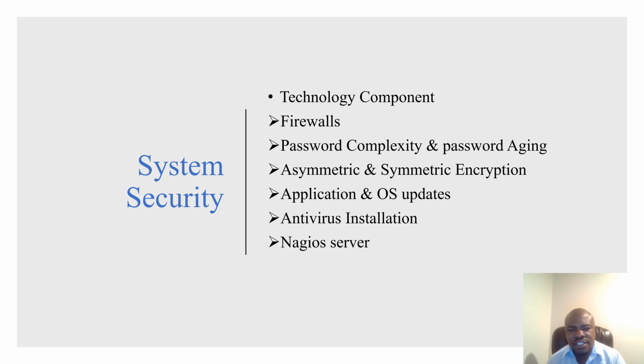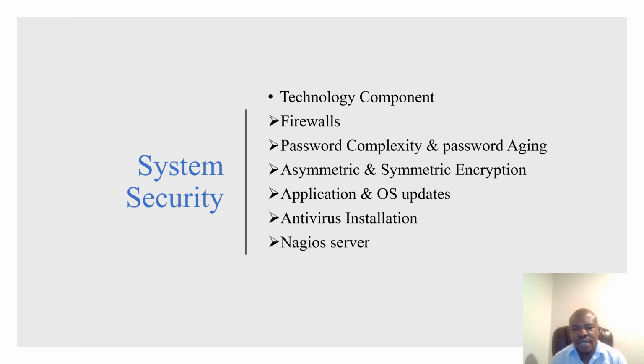To begin with the technology component, we'll have firewalls which will be configured in routers and the server, and then password complexity and password aging will be configured for the staff working at the headquarters so that they make complex passwords, and also they are forced to change their passwords after some time.